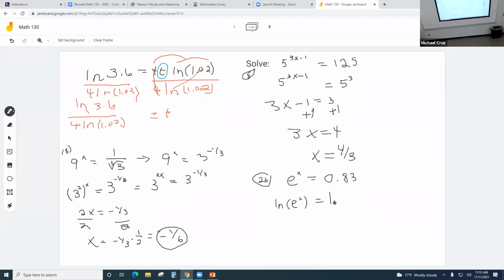But I got to do the same thing over here. So this is going to be just x, because these undo one another. That's e base e. Oops. X.